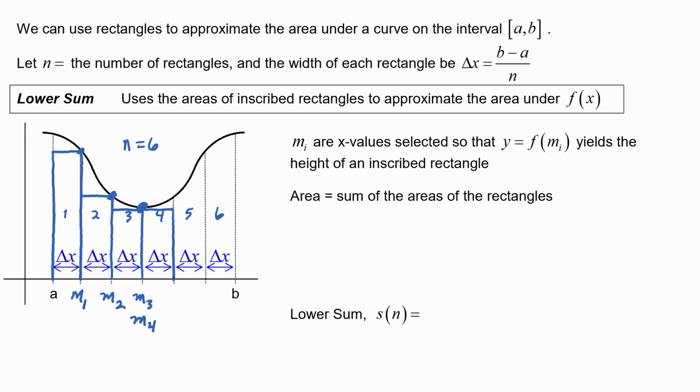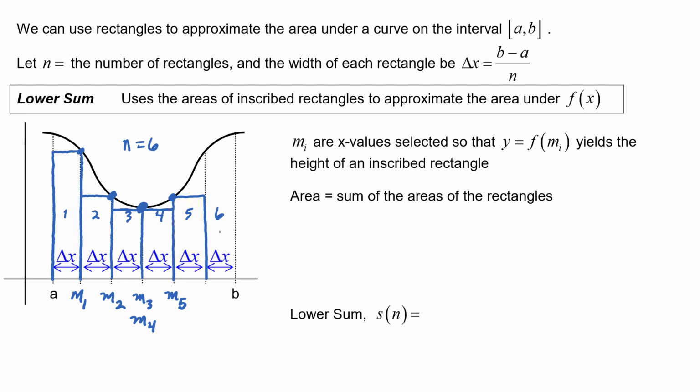For region 5, we have to pick this left endpoint for our x value so that the height there gives us the inscribed rectangle. No part of our rectangle can go beyond the height of the curve.